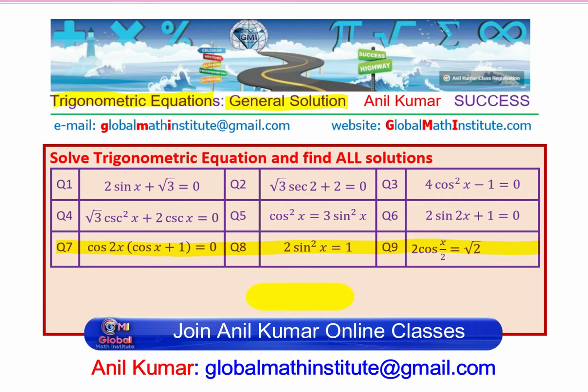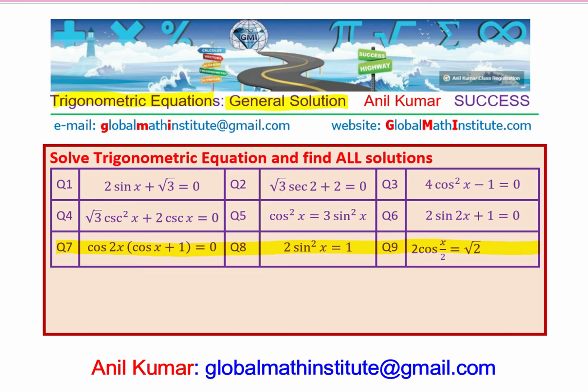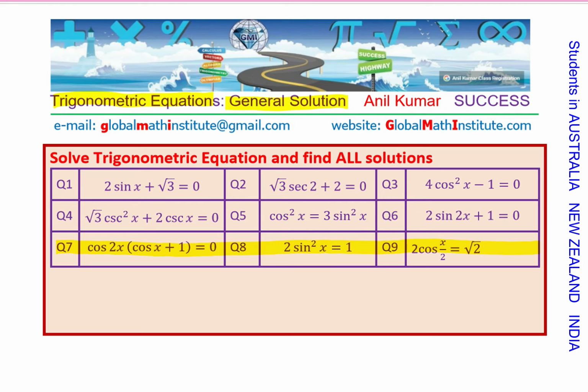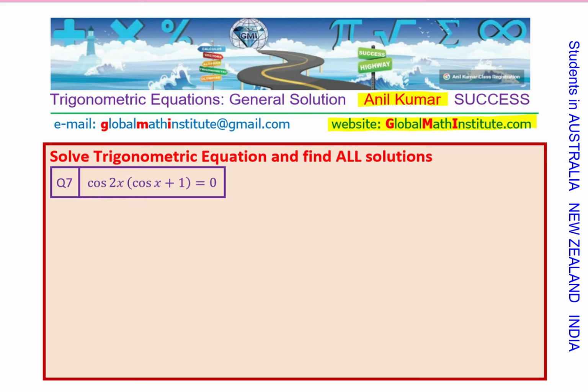When it comes to double angle, half angle, or multiples of angles, it might become slightly tricky. However, you'll find my general solution to be very effective and simple. That is what we do. We make math simple for you. So let's get to the topic of answering the question.